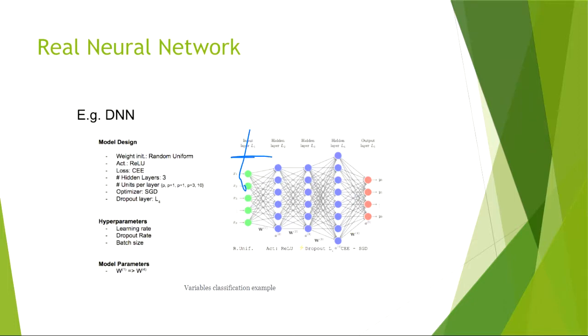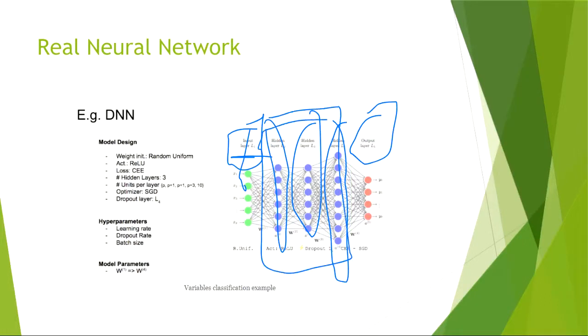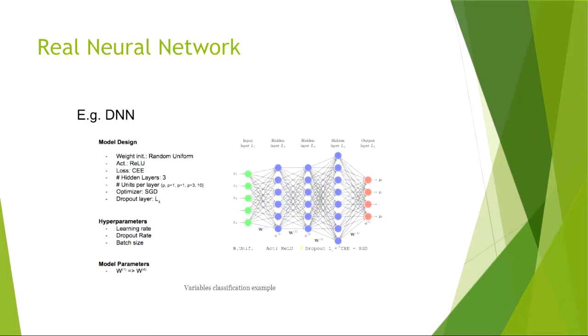This one is a hidden layer, this is again a hidden layer, this is again a hidden layer, and this is the output layer. So this one is the input layer, this one is the output layer, and these in the middle are the hidden layers. When I am talking about this particular network, what would be the hyperparameters in this case? The hyperparameter, I would say, is the learning rate. Can you recall an example where you have gone through this hyperparameter?